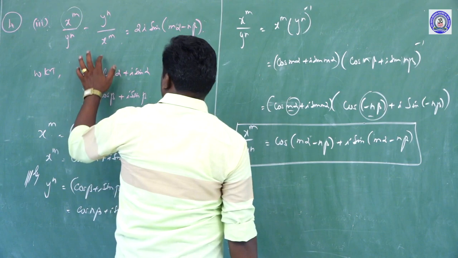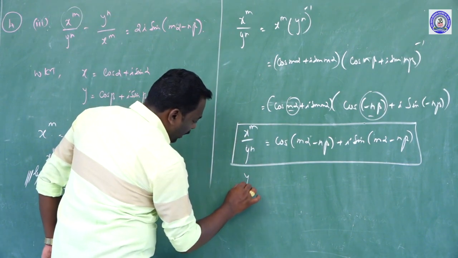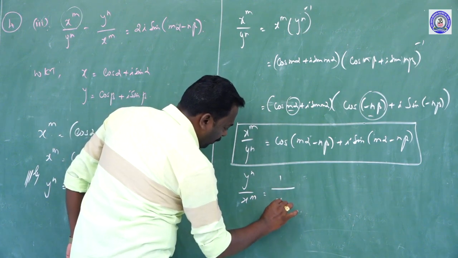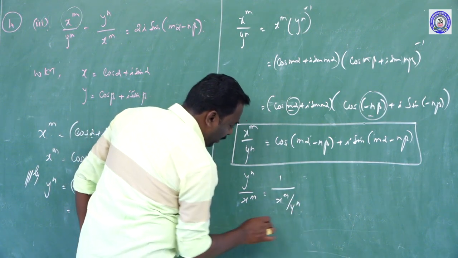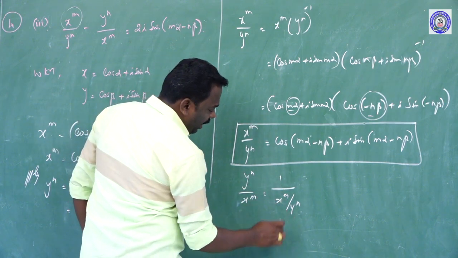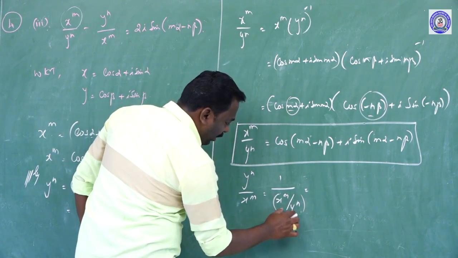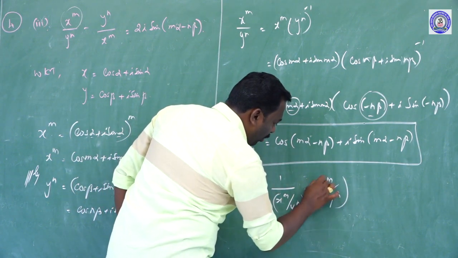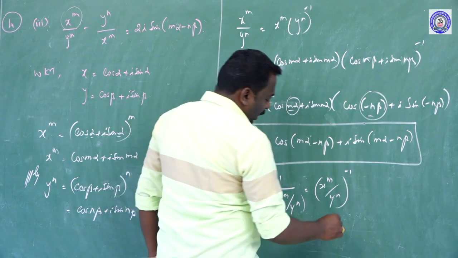Now similarly find the other term, y^n / x^m, that is equal to 1 by x^m / y^n. Transferring it, the denominator term goes to the numerator: (x^m / y^n) whole power minus 1.